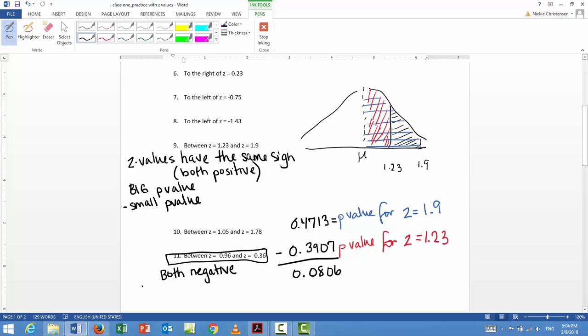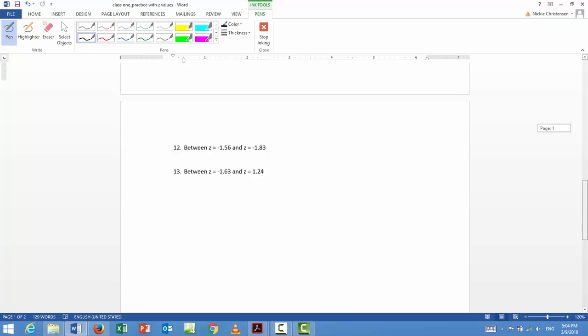I don't want to actually do that problem, I'm just going to write it down. Big p value minus small p value. So we've learned the rule for how to do a between problem if our z values have the same signs.